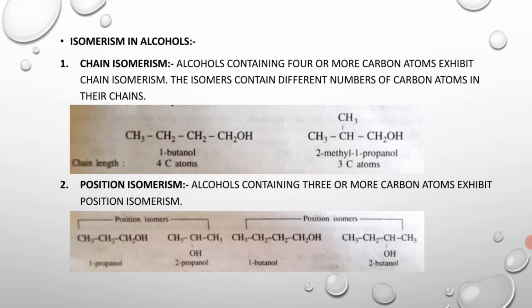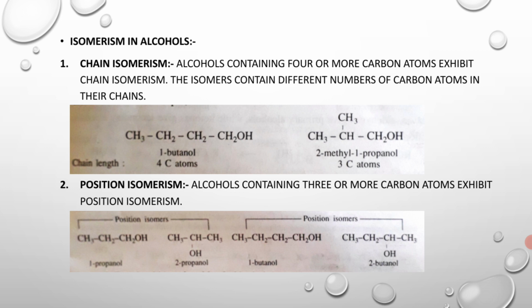Chain isomerism means alcohols containing 4 or more carbon atoms exhibit chain isomerism, as changing the position of the carbon present in the compound gives chain isomerism. Isomers contain different numbers of carbon atoms in their chain. So here we have the longer chain length of 4 carbon atoms, that is 1-butanol, and 2-methyl-1-propanol having 3 carbon atoms in its chain.